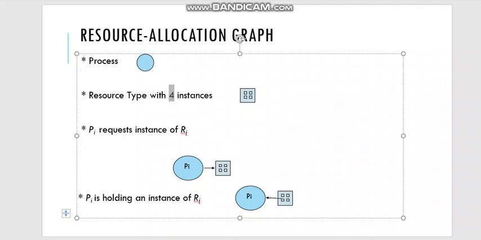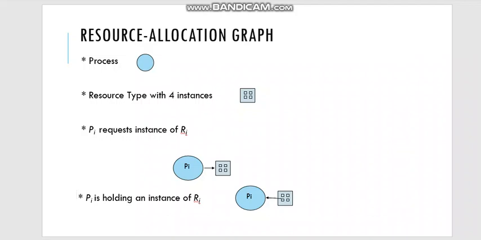Say it needs two instances, so two resources are allocated since it has four. Then Pi is holding. Holding means what? See the edge: it is directed from the resource to your process. So this is what we represent when we draw the resource allocation graph for any process.